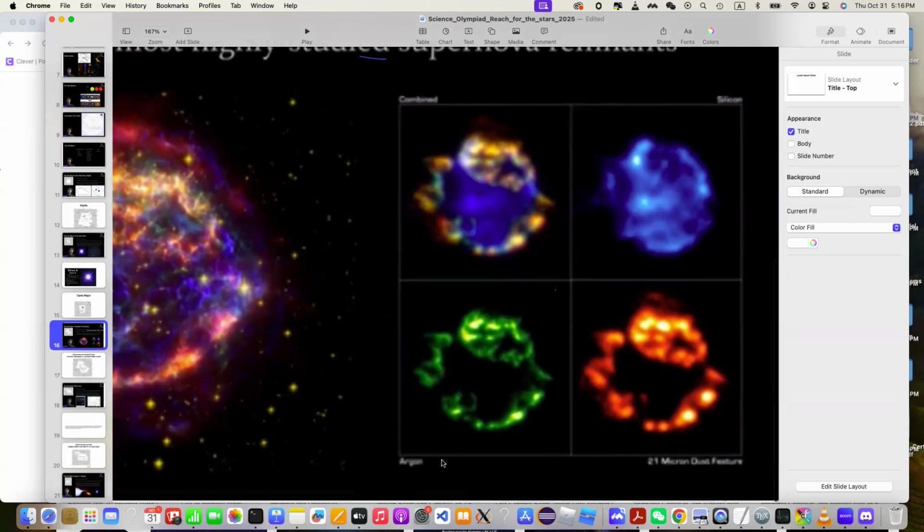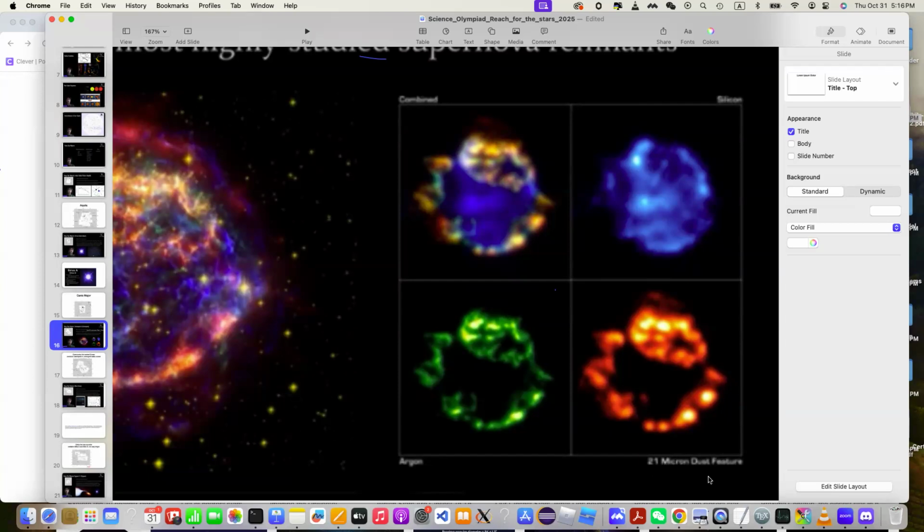By comparison, if you look at the argon line and the 21 micron dust emission, those are tracing the dust around this nebula. This is the mid-infrared, so this is 21 micron.